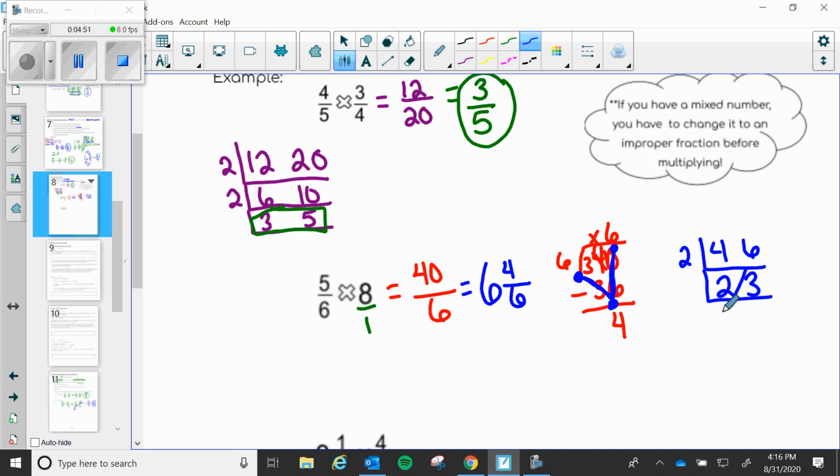That becomes our new fraction. So our simplified fraction, I'm going to draw a little arrow down there, is now 6 and 2 thirds. So this is our final answer. It's in simplest form as a mixed number. You cannot break it down any farther.